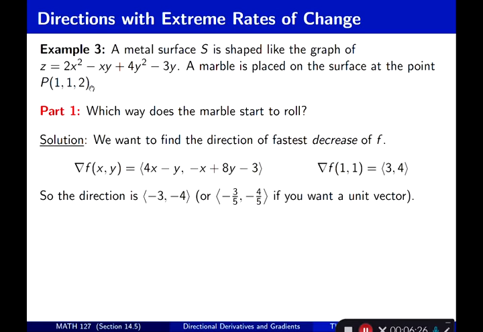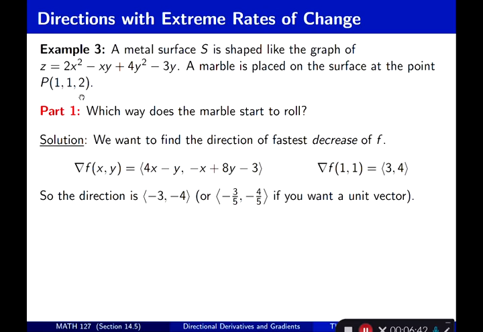So first you find the gradient vector. The gradient vector here is (4x - y + 8, -x + 8y - 3).